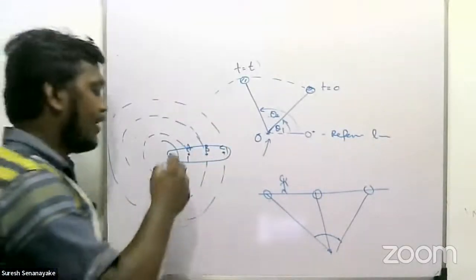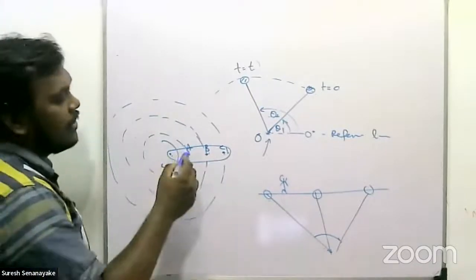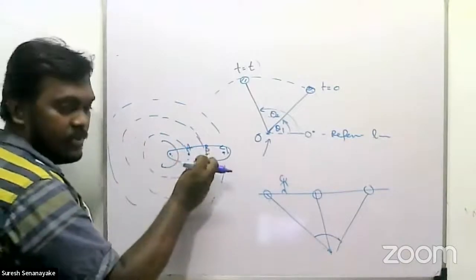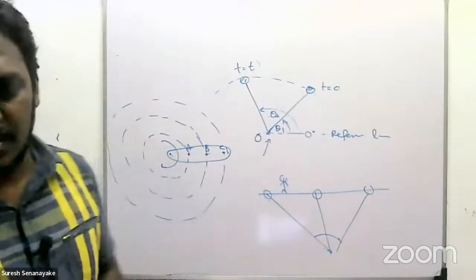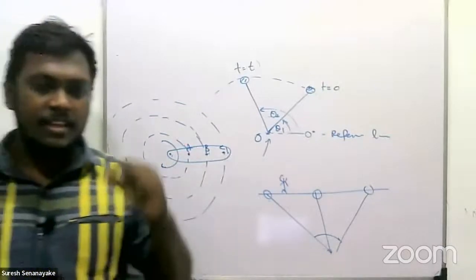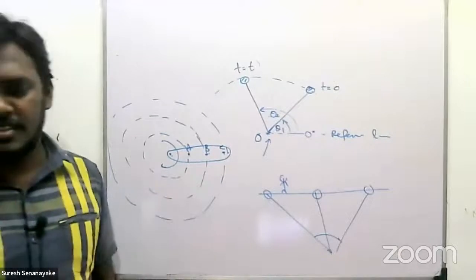So the distance traveled by these particles differs. The individual particles are making a circular motion, but the complete motion of the body is a rotation. If you consider an individual particle on this body, it's a circular motion.